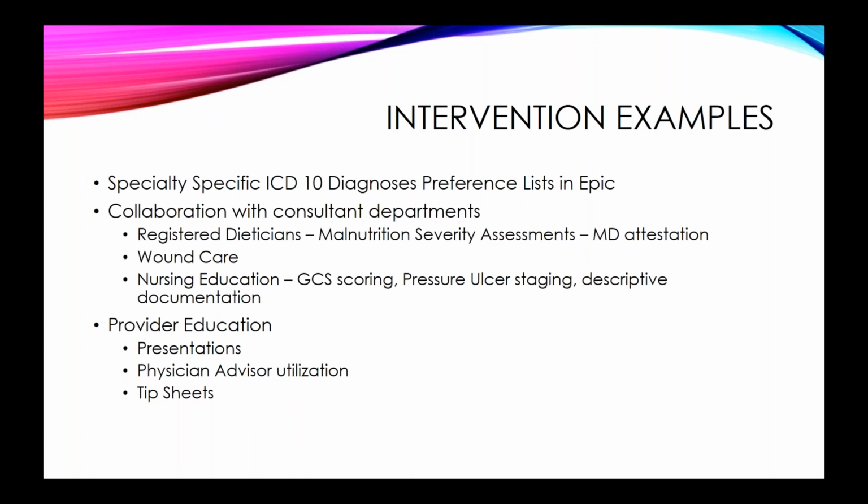Descriptive documentation to support on the back end for any denials that may come up, and also to support any queries that we may write. Pressure ulcer staging, and then GCS scoring. I know that the coding rules have just changed on this, but I still think it's a really easy assessment to do, and it can tell you a lot about the patient. That's something really easy to pick up for coding, if it's applicable, from nursing documentation. So I think that's still a good thing to continue educating our nurses on.